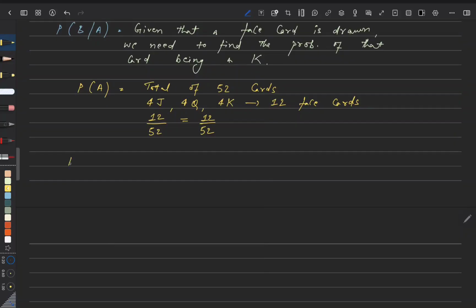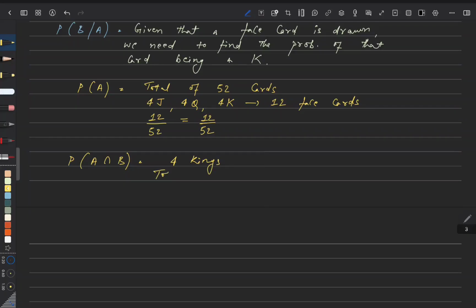Now P of A intersection B. Out of 12 face cards, how many are the kings? There are 4 kings.